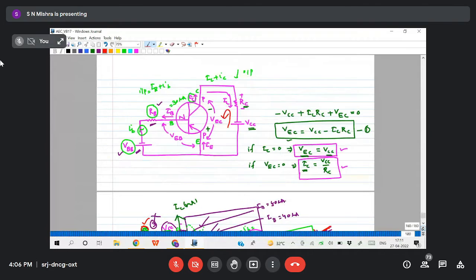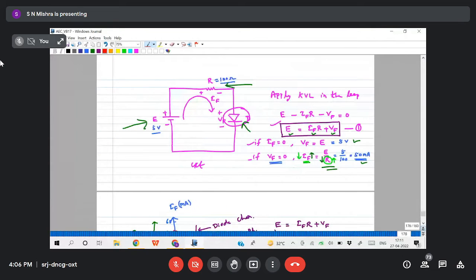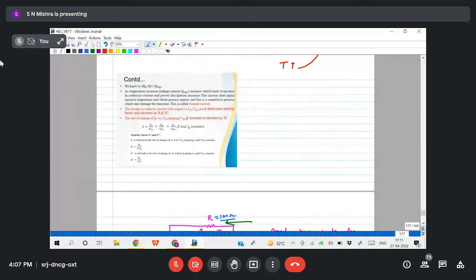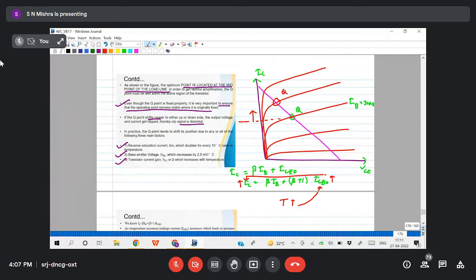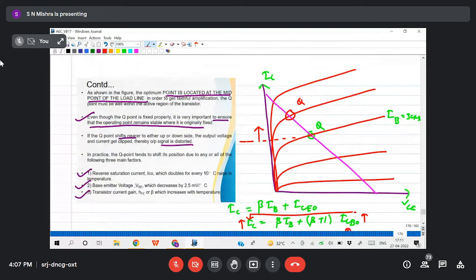Similarly, if you remember, in the diode concept, I have told you for every 1 degree rise in temperature, the junction voltage decreases by 2.5 millivolt. Okay, so this junction voltage means diode junction voltage.